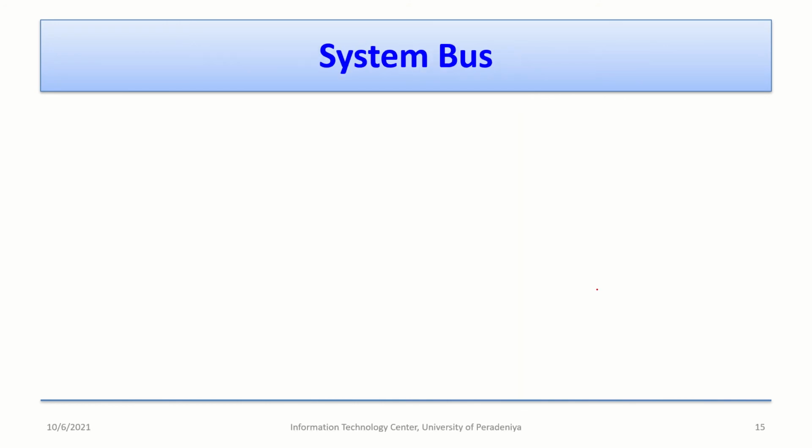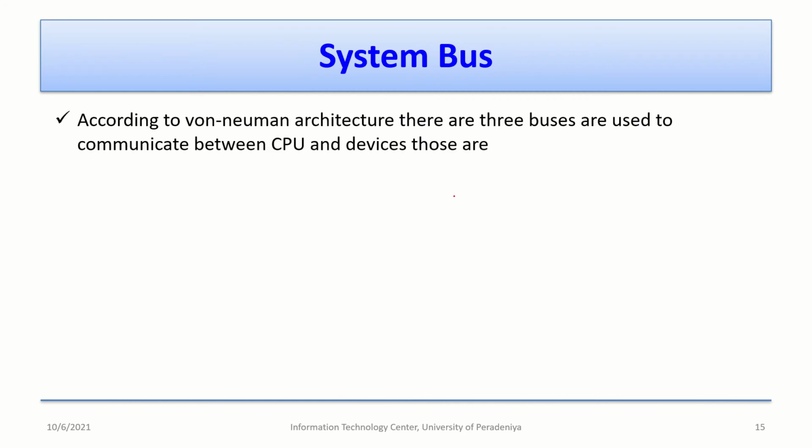Okay, next one is the system bus. I told you that the central processing unit and the main memory are linked with buses. There is a bus called the system bus. According to the von Neumann architecture, three buses are used to communicate between the central processing unit and devices: the control bus, address bus, and data bus.